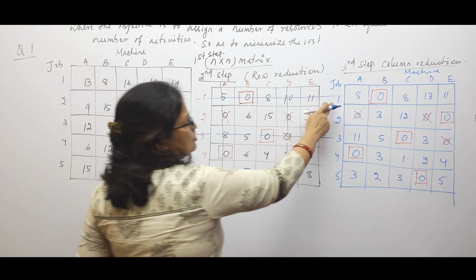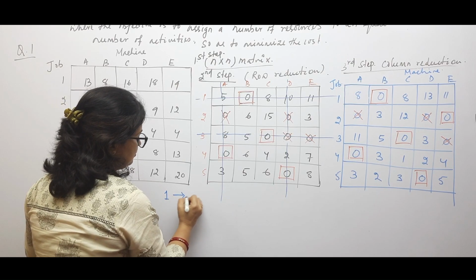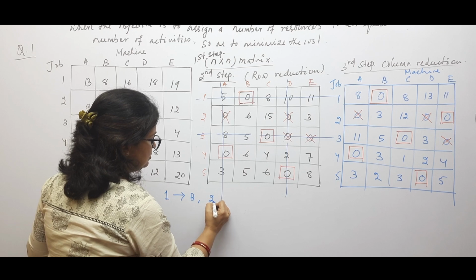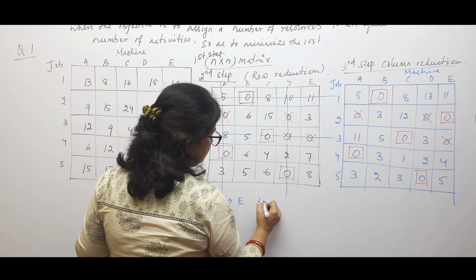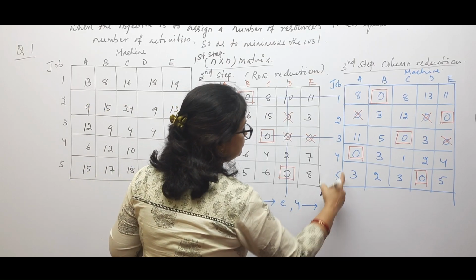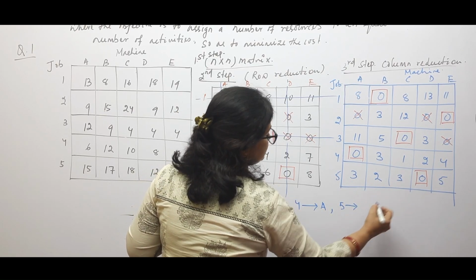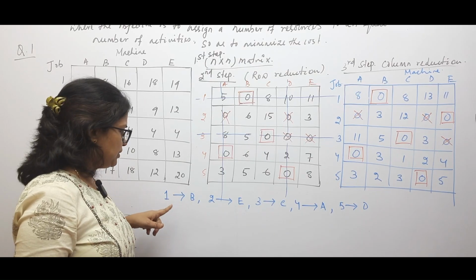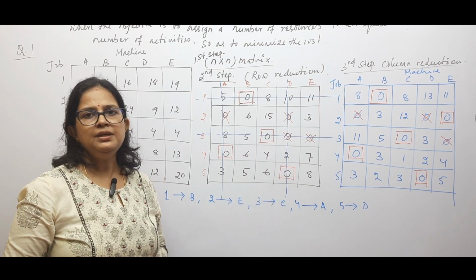First job is assigned to machine B. Second job is assigned to machine E. Third job is assigned to machine C. Fourth job is assigned to machine A. And fifth job is assigned to machine D. So to find the minimum cost, we need to assign like this. So our cost will be minimum.